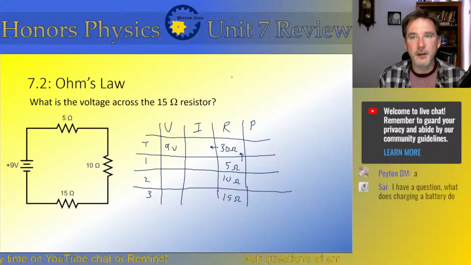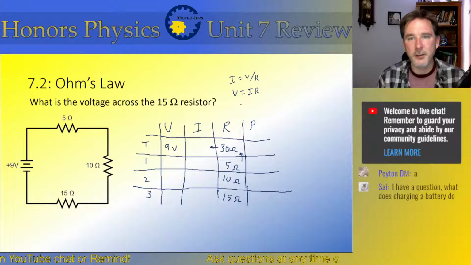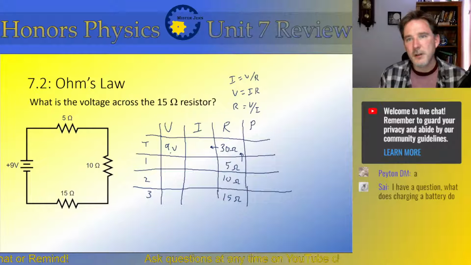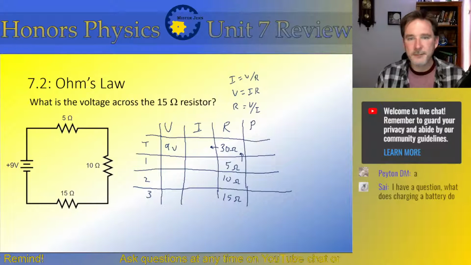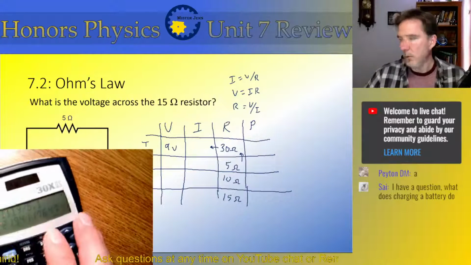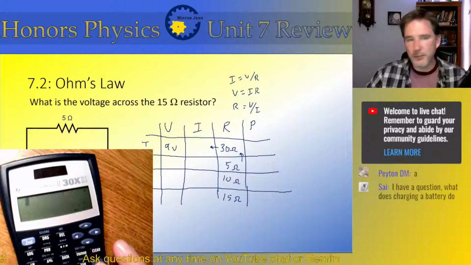So I equals V over R, V equals I times R, and R equals V divided by I. Then power, I'll write that if I need it. So I is V divided by R, so I'm going to take 9 divided by 30. I don't think you need to see this, but I'm just going to do it.